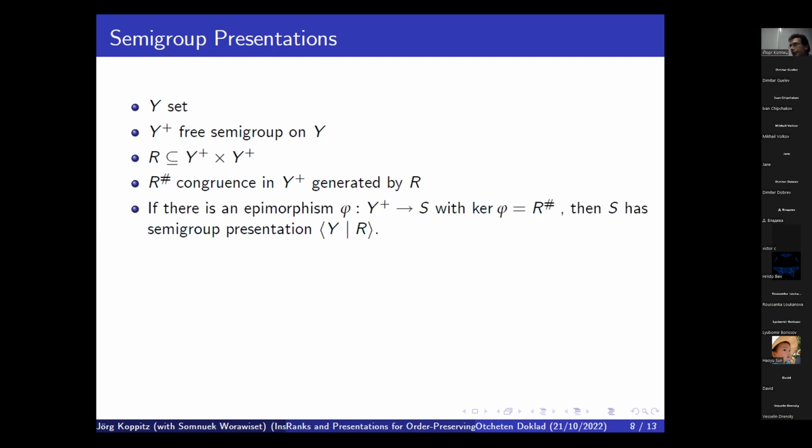And if there is an epimorphism from the free semigroup on our set Y to a given semigroup S with the property that R sharp is the kernel of this epimorphism, then we say S has semigroup presentation Y R. In this case, we call Y the generators.